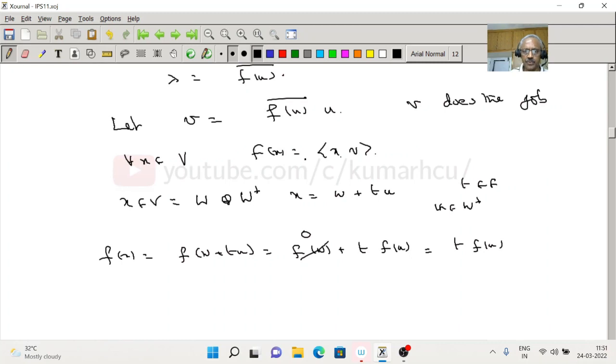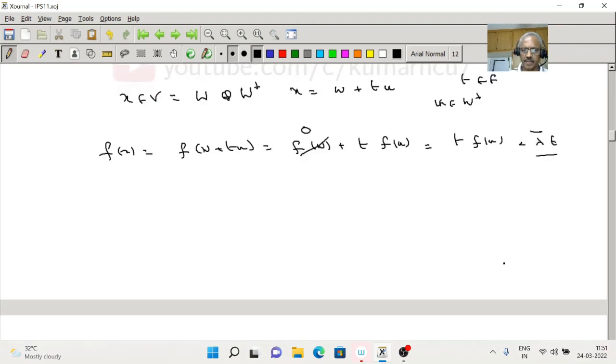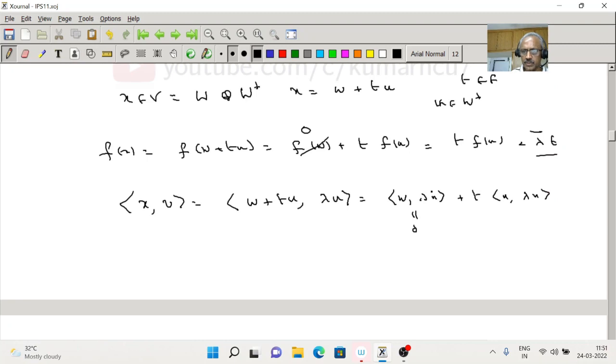But remember F of U, what is F of U? Therefore it is lambda bar T. Do you understand this? Yeah. But what is the inner product of x with V? This x is W plus T U and this is lambda U, right? Therefore it is the inner product of W with lambda U plus T times the inner product of U with lambda U, but the first is 0 because U is in W perp, right?